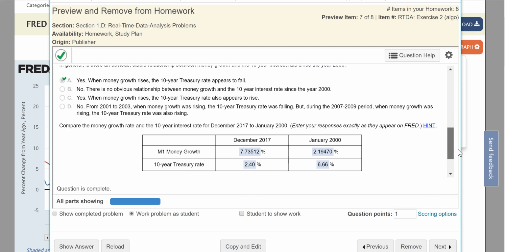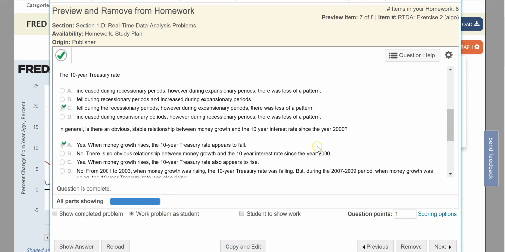Again, the only a little bit controversial part of this question is the third multiple choice question, which asks you about the pattern of the relationship between the money growth rate and the 10-year treasury rate since the year 2000. You can choose either A or B here, and I will add back your points.